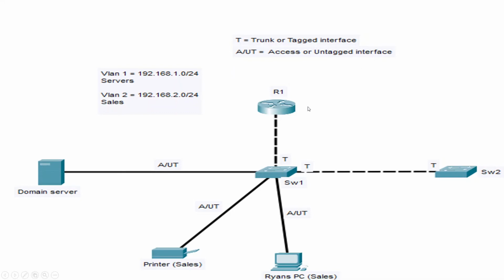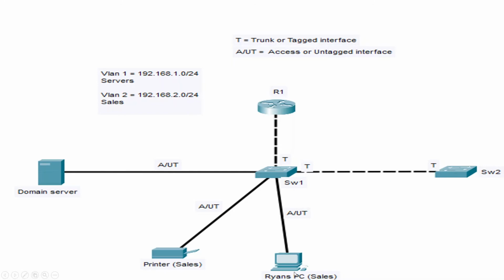As I mentioned before, if you have an environment with more VLANs, you would have to configure a trunk interface from your switch to the router so they can talk multiple VLANs. Same goes for switch 1 and switch 2. You would have to set up a trunk here as well so these two can talk more VLANs.